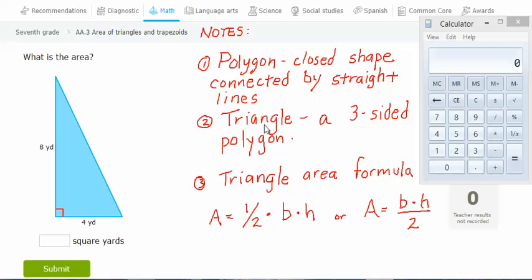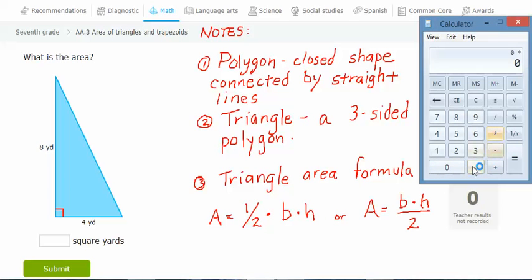Alright, so we can do area equals half times base times height. Okay, so half in a calculator would be 0.5 times base.